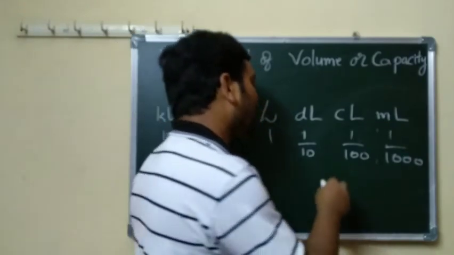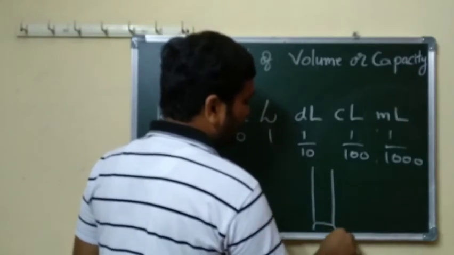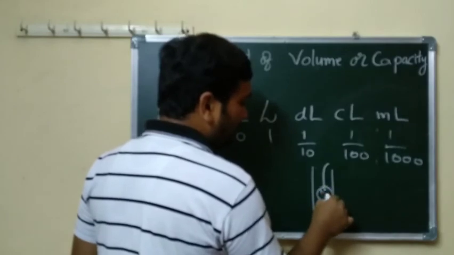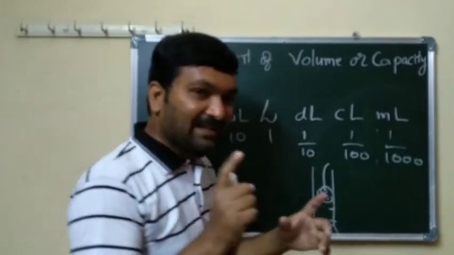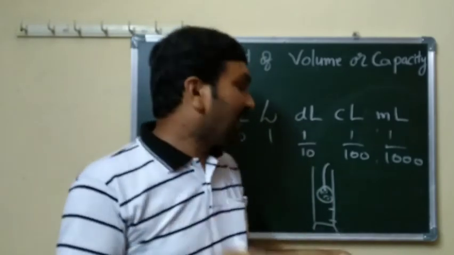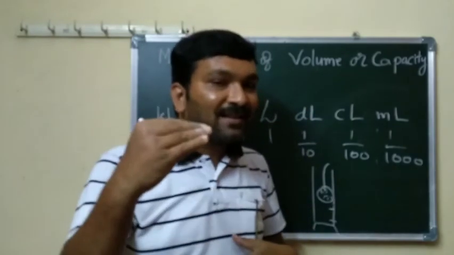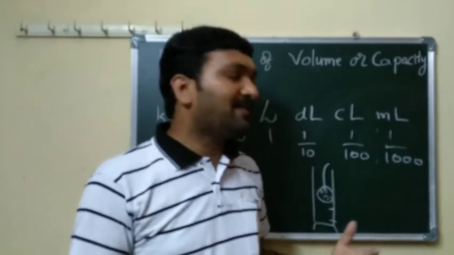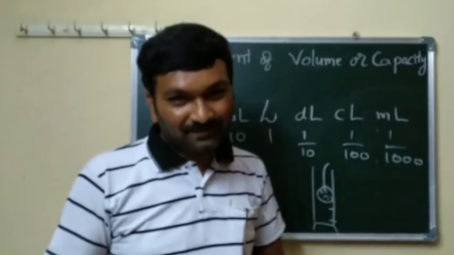We will take this graduated cylinder. Holding the object with a thread, first we fill the water and take the reading of how much water we filled. Afterwards we take this object and dip it in. We notice how much the level increases. We calculate the difference between the initial and final readings, and by that we can say the volume of this one. This is also one technique.